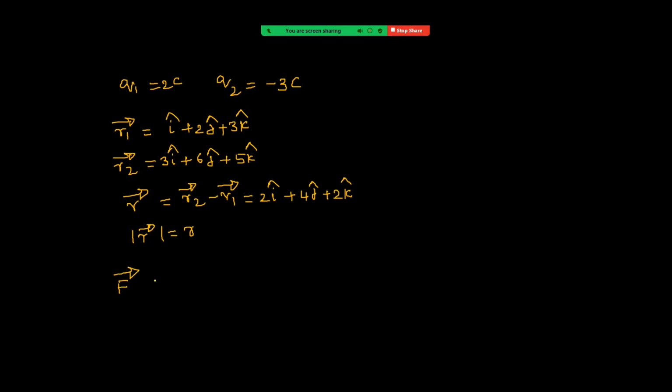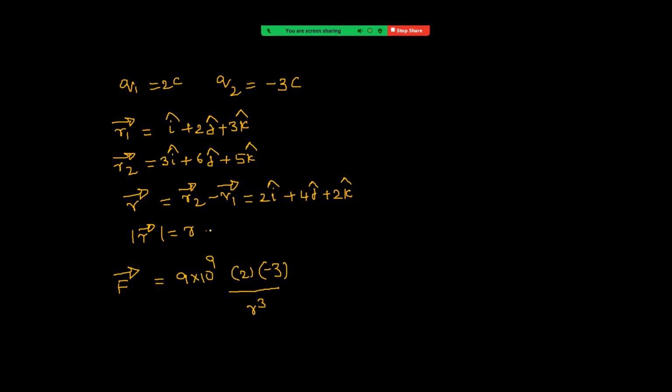Now the force in vector form, F bar, force on Q2 by Q1, is 1 by 4 pi epsilon naught, whose value is 9 times 10 power 9, into Q1 Q2, Q1 is 2 Coulomb, Q2 is minus 3 Coulomb, so writing including sign, by R cube, into R bar.